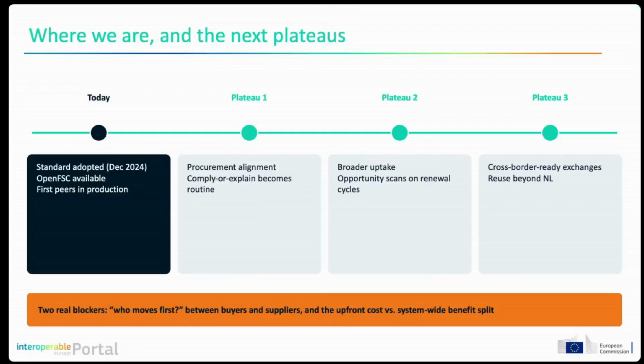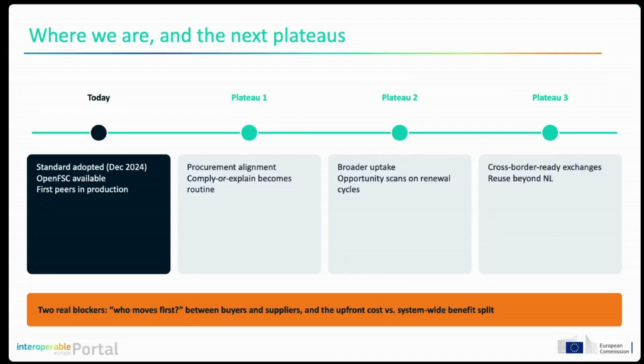So where we are, I think we are a bit further down the line compared to this roadmap. Well, the standard was started in 2022, and then in 2024, it was formalized in a central body, and we published the open FSC reference implementation and had some first organizations using it.